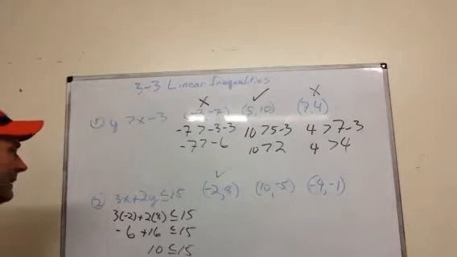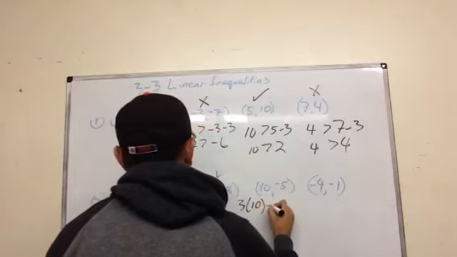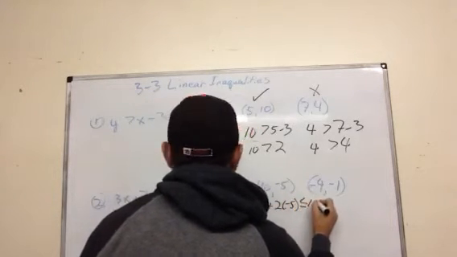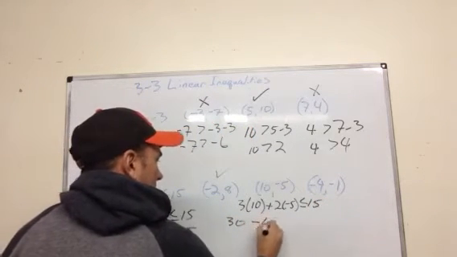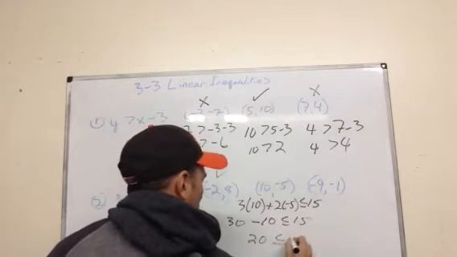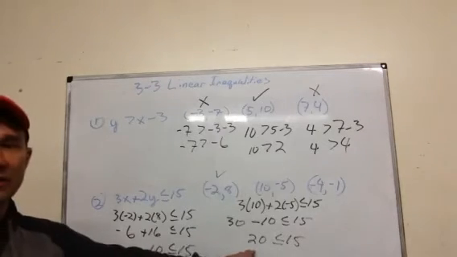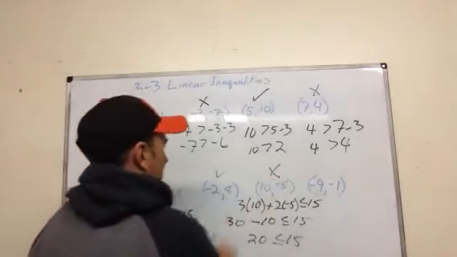Let's try 10 and negative 5. 3 times 10 plus 2 times negative 5 is less than or equal to 15. 30 minus 10 less than or equal to 15. We get 20 less than or equal to 15. Does this work? Is this true? No. So that point doesn't work.